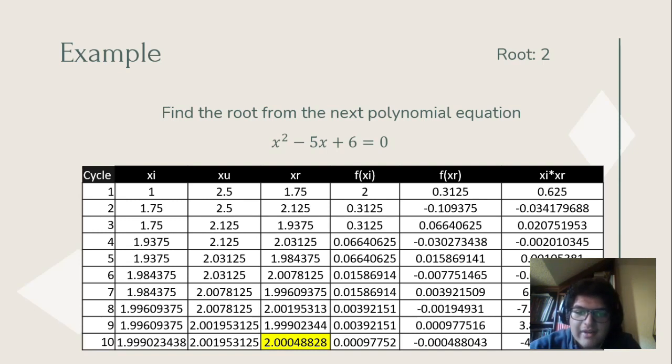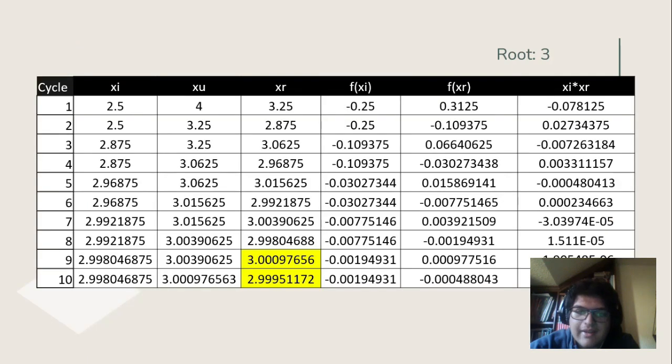But this function is quadratic, which means we have two roots. So we should make another table with a different interval, which in this case I chose to be 2.5 and 4. The process is the same, evaluating and swapping, until we get a tendency in the xr that in this case goes between 3 and 2.